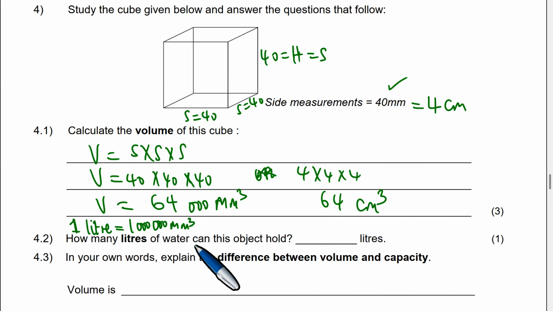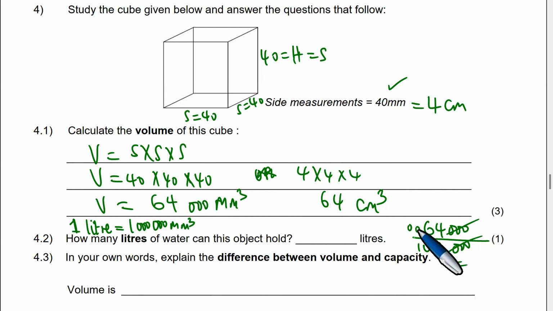So now, if we convert, we divide. If you divide 64,000 by 1 million, what do you get? Here it's like dividing by 1,000, so you put some zeros here. This 1,000 has 3 zeros, so you move the decimal point 3 places to the left.